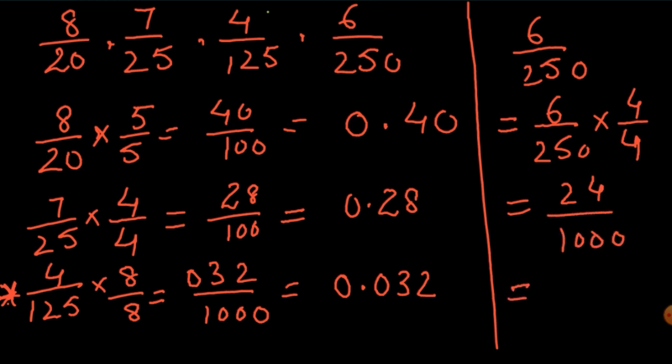Again 1, 2, 3, so it will be 0.024. So this is how we can convert a fraction into an equivalent fraction with denominators 10, 100, 1000.